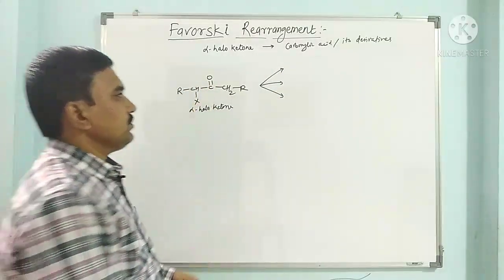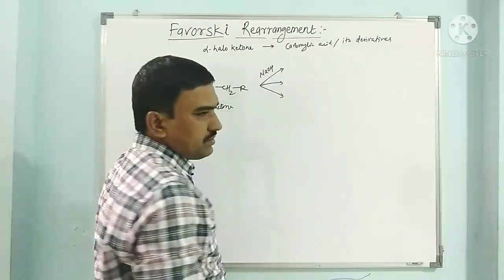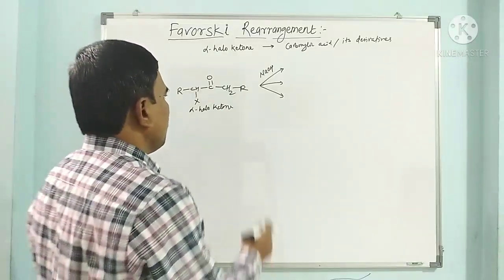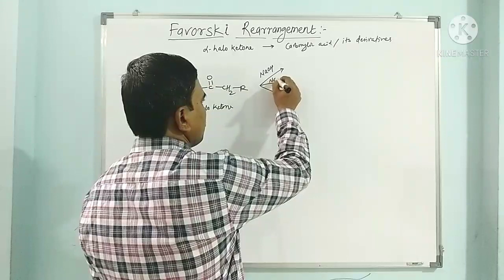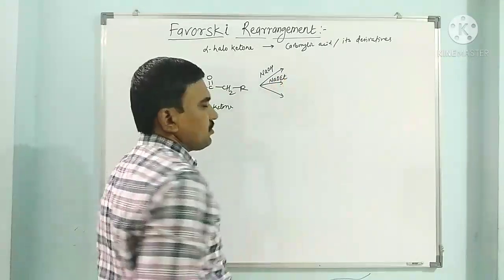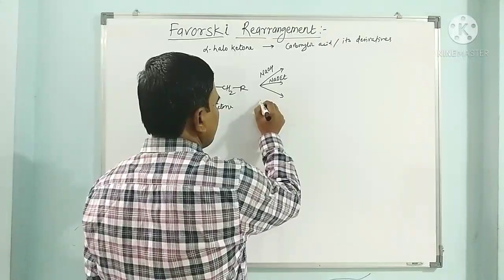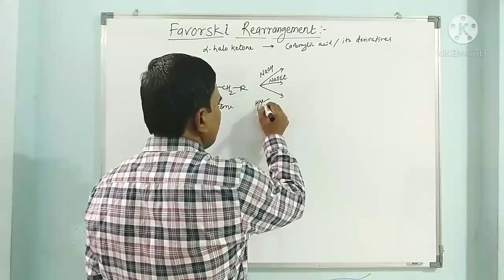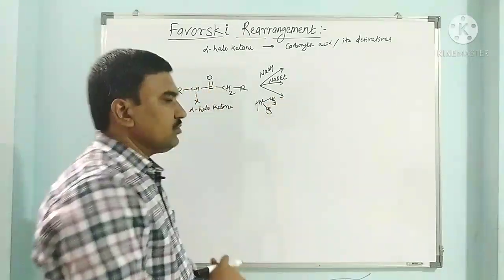When it reacts with, suppose, NaOH, sodium hydroxide, it gives carboxylic acid. When it reacts with a different base such as NaOEt, sodium ethoxide, it gives ester. When it reacts with amines such as NHCH3, dimethylamine, it may give amide.